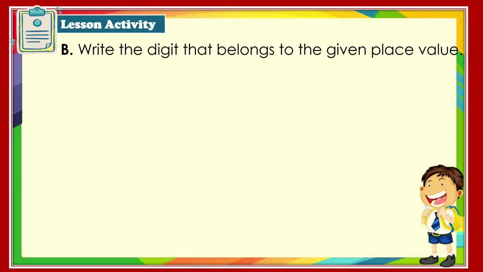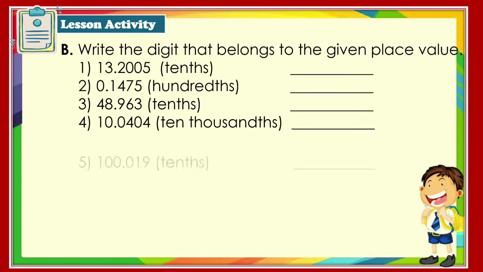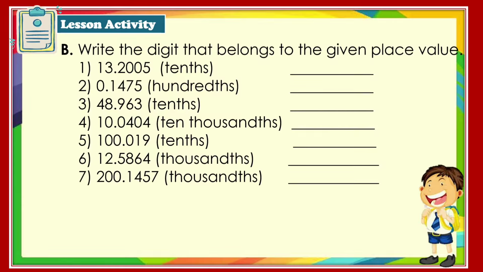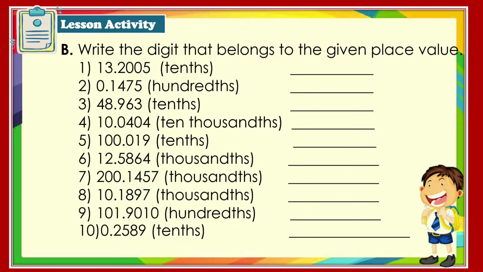Letter B. Write the digit that belongs to the given place value. Number 1. What is the digit in the tens place? Your answer is? Okay, 2. What about number 2? The place value is hundreds. What is the digit in the hundreds place?